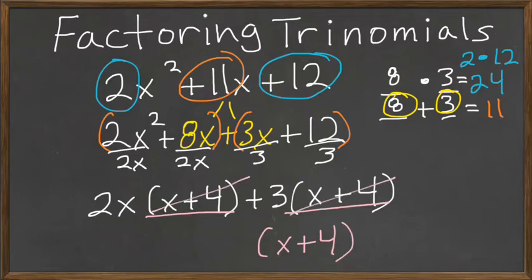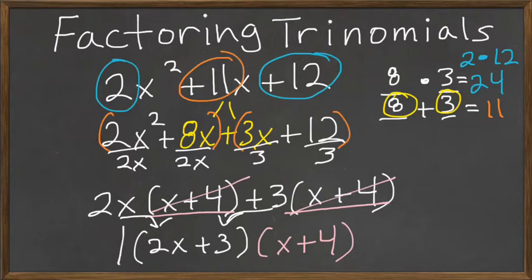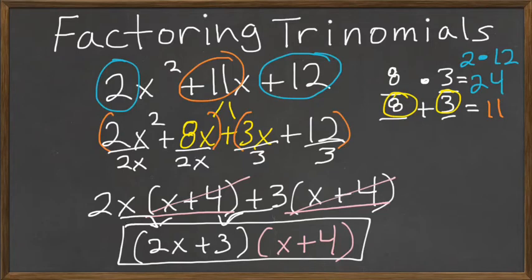And in another binomial, we're going to write what we have left over, the 2x and the 3, plus 3. And that's what we want to get. This is the factored version of the original trinomial. And you can check your answer as well, if you want to, by just multiplying this out.